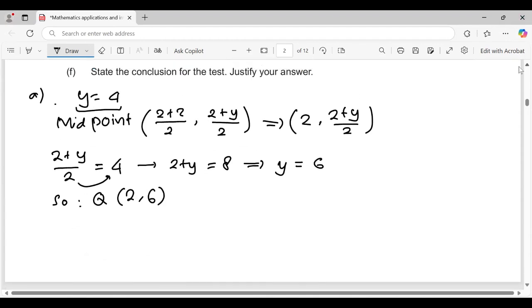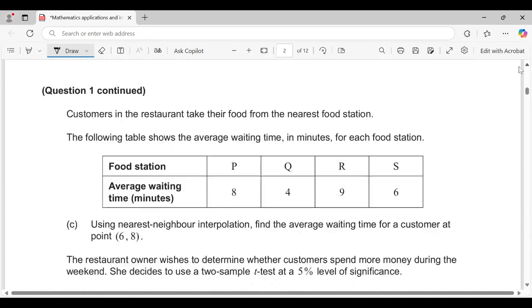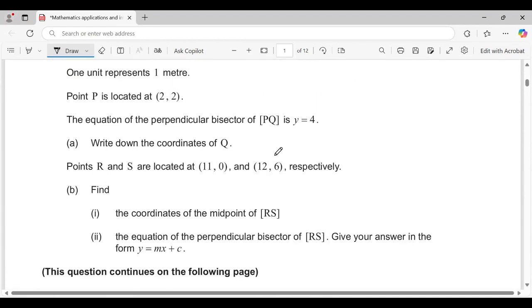Next question. Coordinate points R and S are located at (11, 0) and (12, 6) respectively. Find the coordinates of the midpoint of RS and the equation of the perpendicular bisector of RS.